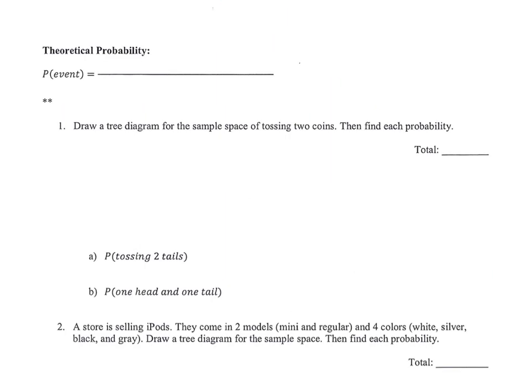Okay, theoretical probability of an event. Remember, this P of an event means favorable outcomes divided by total. So we're going to draw a tree diagram to represent tossing 2 coins. However many events you have is the number of columns that you're going to have for your tree diagram.